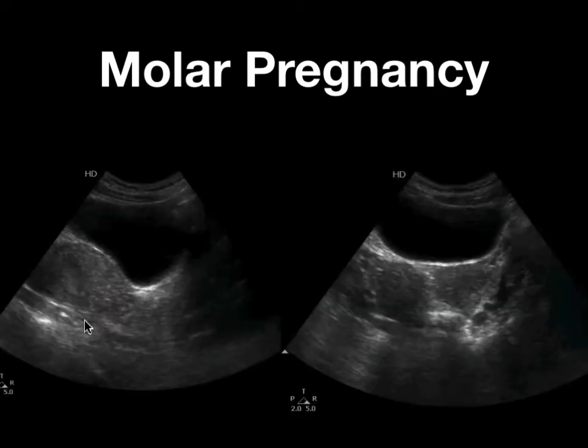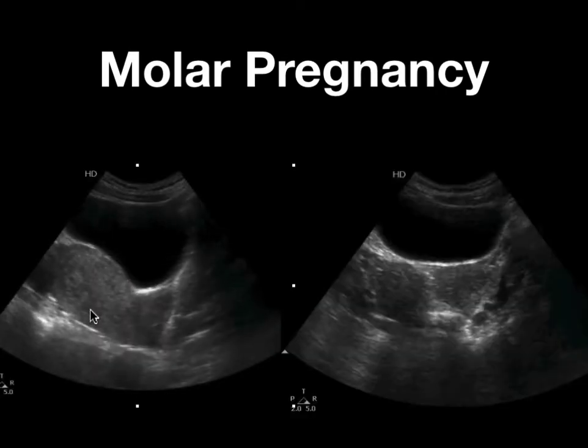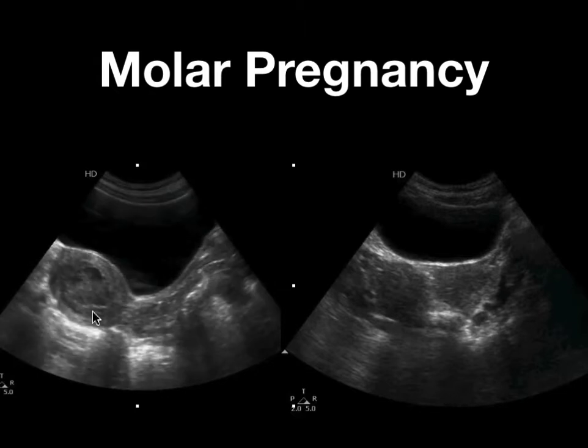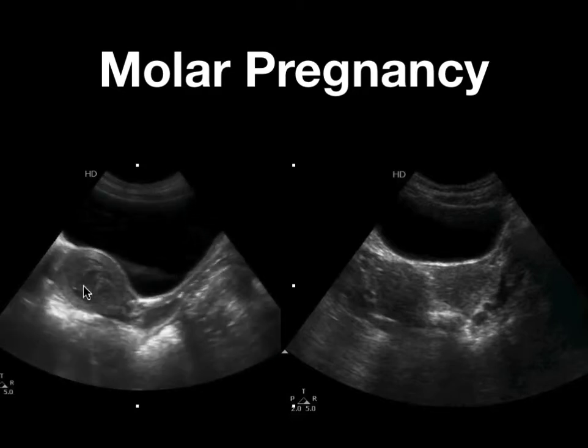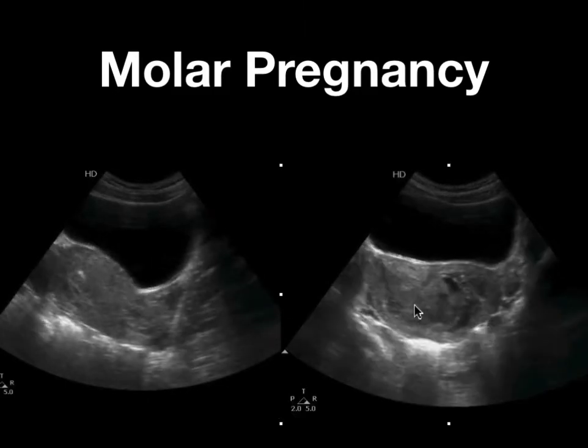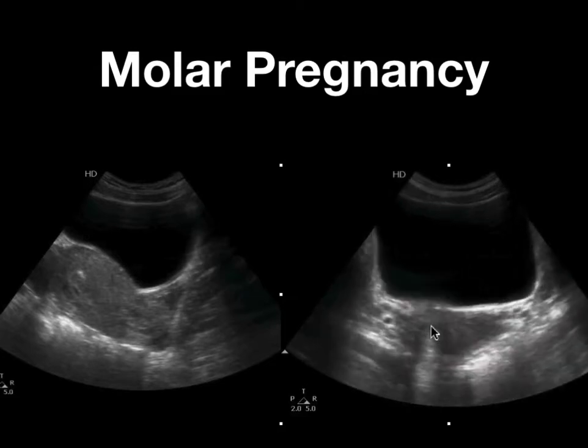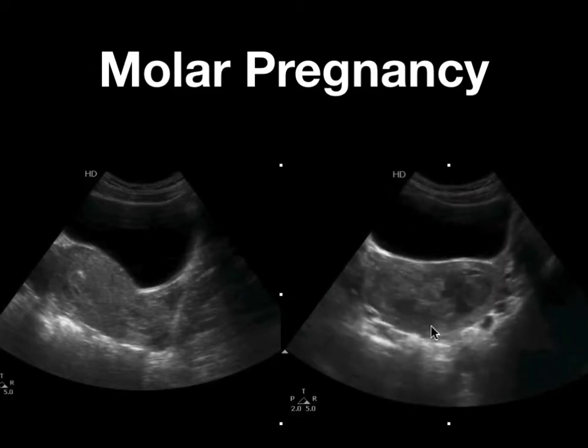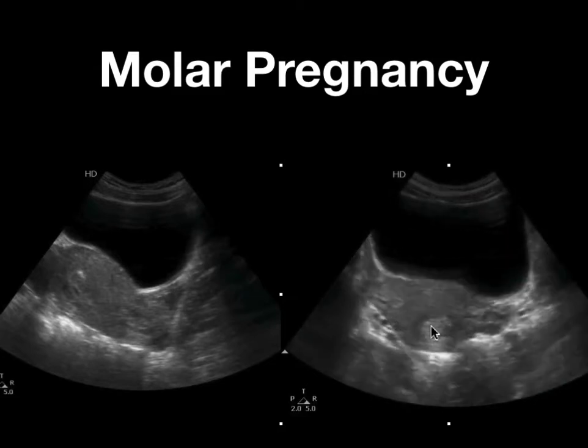Here's a patient who is about 6.5 weeks pregnant. You can see within the endometrium here, there are multiple cystic areas. And on the transverse view, you can see the same thing here. There's no definitive IUP. But you can see that the endometrium is heterogeneous and there are multiple cystic areas.